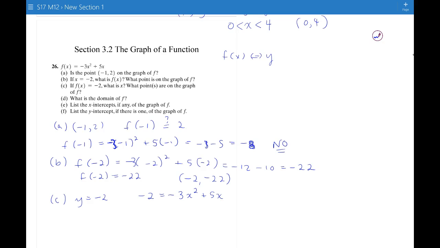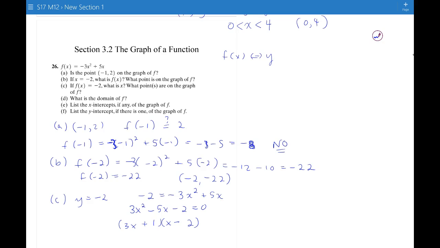So we're solving this equation. We're saying when y is -2, let me put -2 in its place and solve this equation. So let me put the 3x squared over on this other side so it's positive. And it looks like we can probably factor this, I'm hoping.